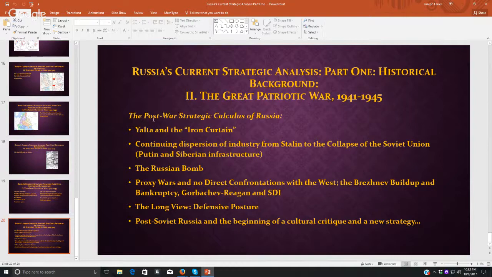So if you look at the strategic calculation of Russia after the crisis of World War II, the first thing you note is Yalta, because at Yalta, the Russians are insisting that they are going to be able to have their influence, their sphere of influence, moved all the way into Central Europe, into Germany itself.